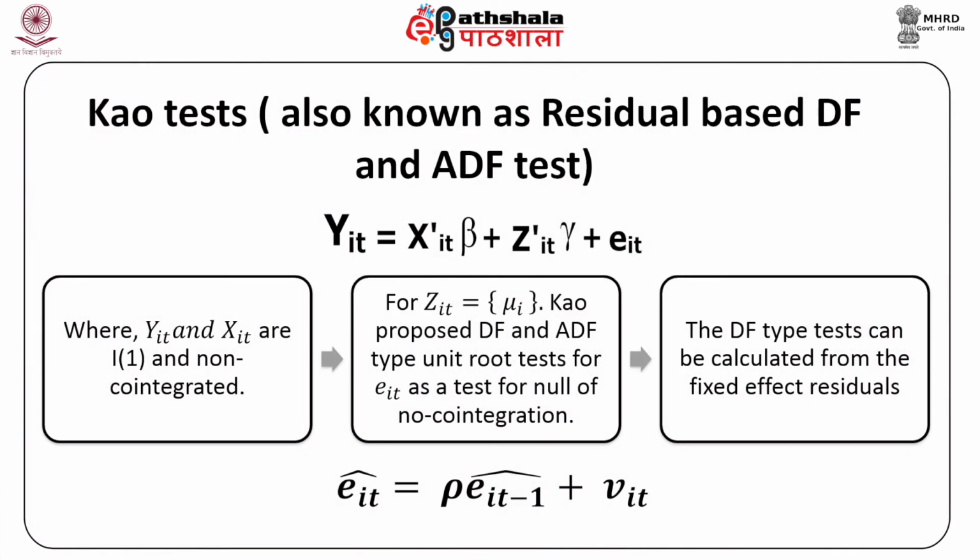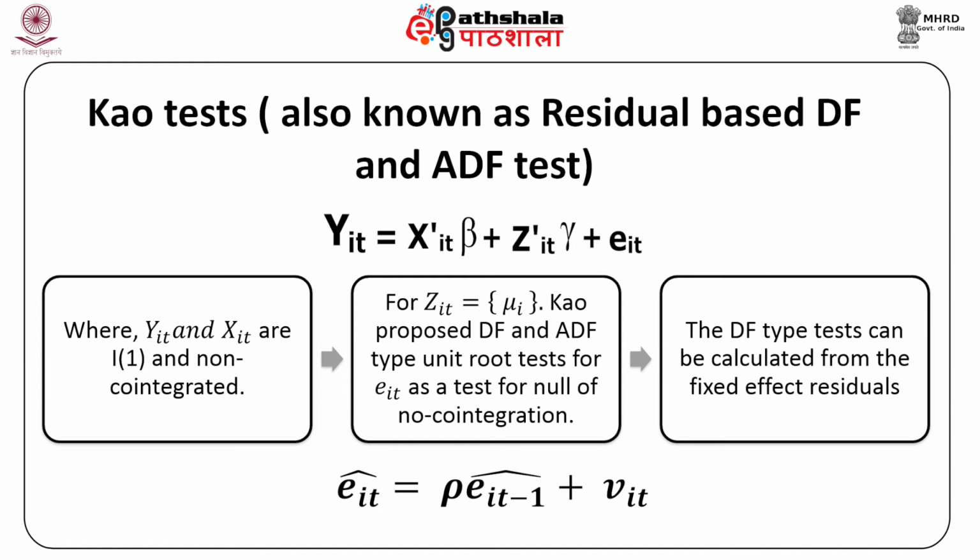1. Kao test, also known as the residual based Dickey-Fuller and augmented Dickey-Fuller test. Consider the panel regression model Y_it = X'_it β + Z'_it γ + e_it, where Y_it and X_it are I(1) and non-cointegrated, for Z_it = μ_i. Kao proposed Dickey-Fuller and augmented Dickey-Fuller type unit root tests for e_it as a test for the null of no cointegration.